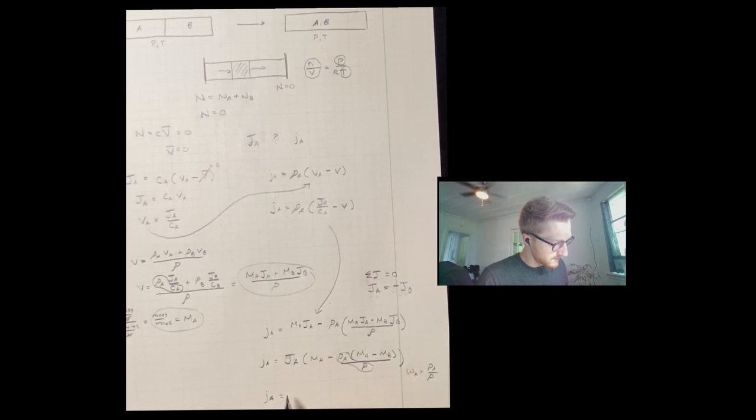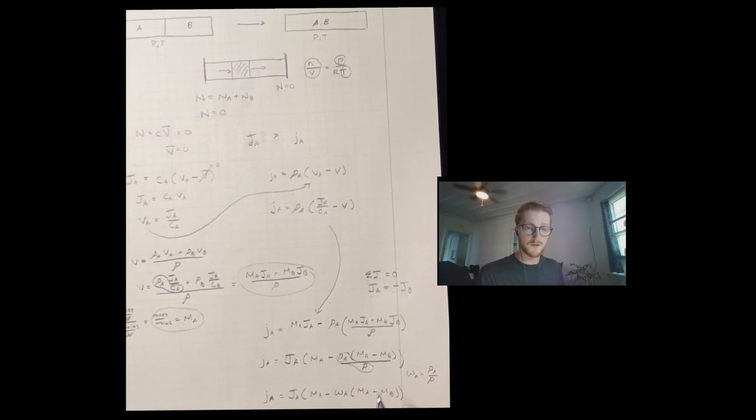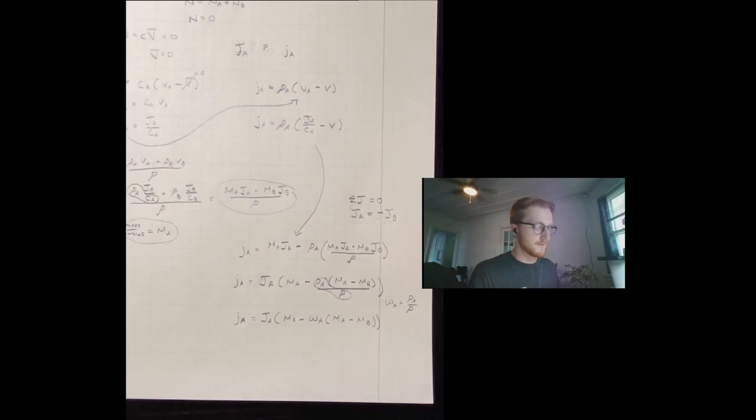And therefore we have the mass diffusive flux of A is equal to the molar diffusive flux of A times the molecular weight of A minus the mass fraction here times the molecular weight of A minus the molecular weight of B. And this gives you a nice formula that you can then use to relate the mass diffusive flux to the molar diffusive flux.